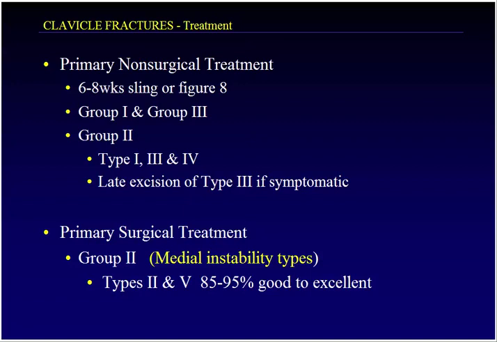Then group 2, the distal clavicle fractures, types 1, 3 and 4 that Dick mentioned, can be treated very effectively non-operatively. If you have a type 3, you can consider late excision if the patient is symptomatic. And then primary surgical treatment would be indicated for the group 2 distal clavicle fractures where there is significant medial clavicular instability. And those are the type 2 fracture and the type 5 fracture.